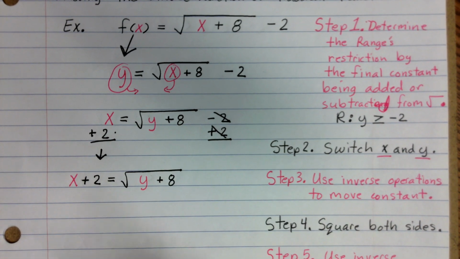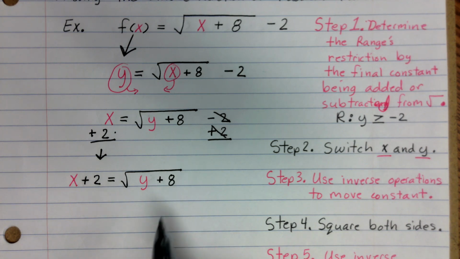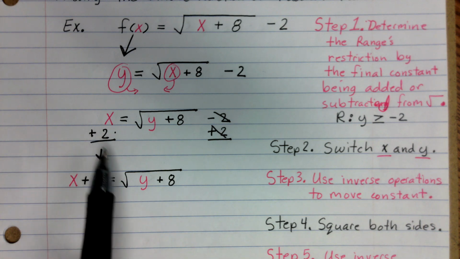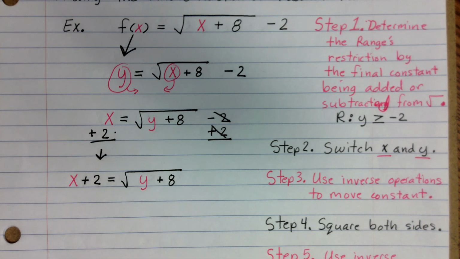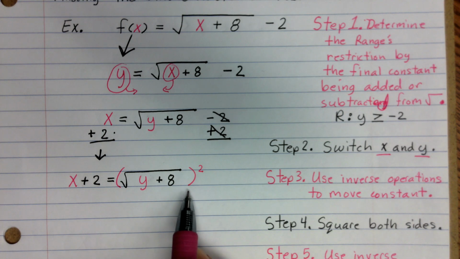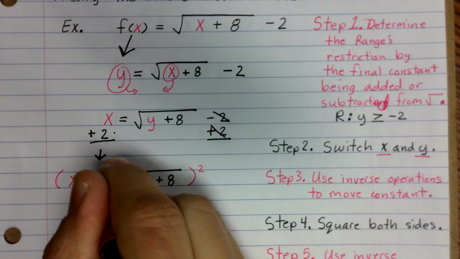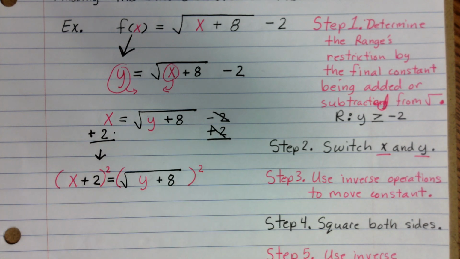Now, we do run into an issue here. We want to isolate y, but we can't do that when it's inside of a radical being added to a constant. So we need to remove this radical. And the way that you remove a radical is you square it. Anytime you square a radical, it undoes the square root. So notice it says square both sides. So I'm going to draw a set of parentheses around here and square it. Now whatever I do to the right, I must also do to the left. So I need to draw a pair of parentheses around the left and square it as well.